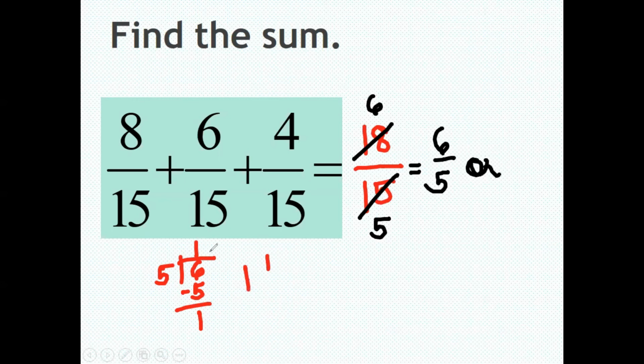The quotient serves as your whole number, and the remainder serves as your numerator. Then copy the same denominator. So instead of writing 6 fifths, that is equivalent to 1 and 1/5. There, that's right, 1 and 1/5.